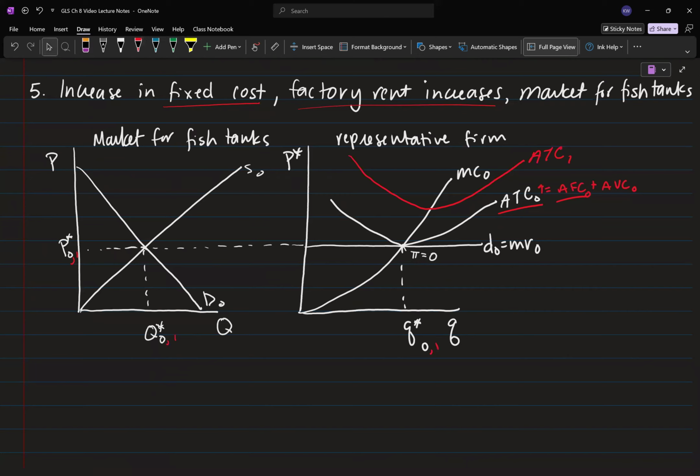Now we have average total costs above the price for the good, in this case, fish tanks. And so that means the firms are going to be earning a loss. They now have negative profits. So we will expect some adjustment in the long run, okay? But in the short run, all that's going to change is that firms are earning losses, right? They're going to keep operating, keep producing the same amount, but now instead of earning no profit, they're earning negative profit.